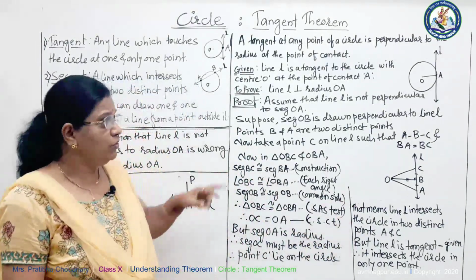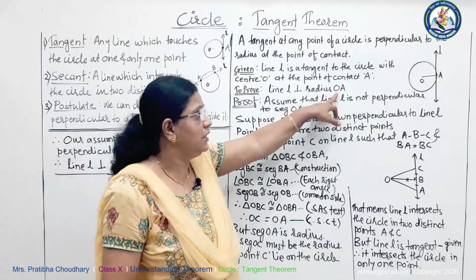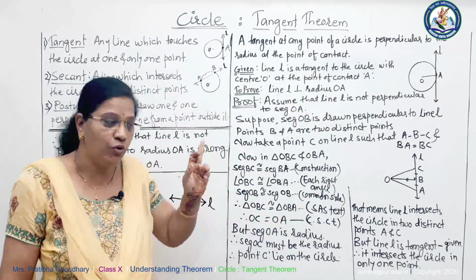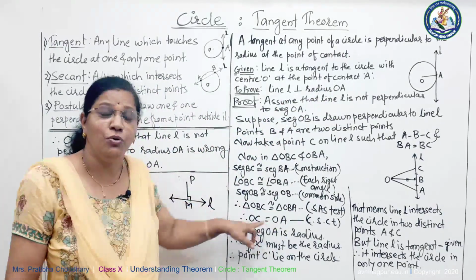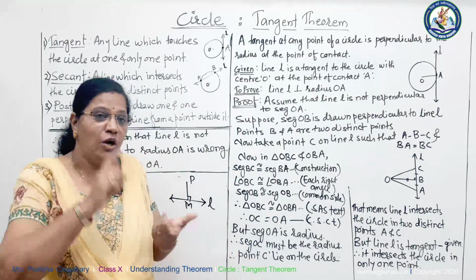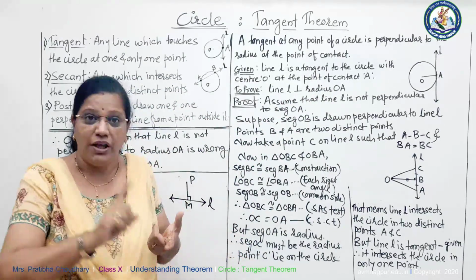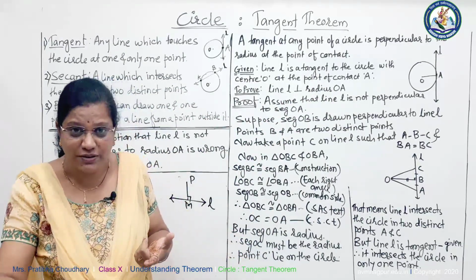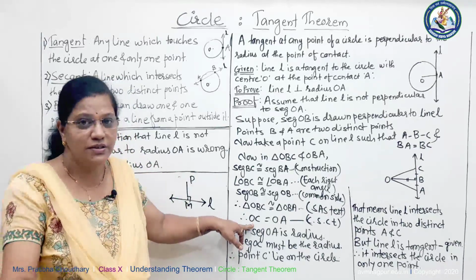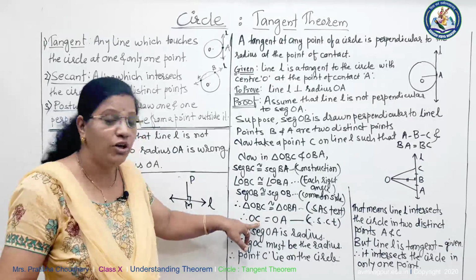Now we know that OA is the radius. If OA is the radius, OC will also become a radius because they are equal to each other. Now O is the center, A is on the circle. Similarly, O is the center and cannot change. So what about point C?